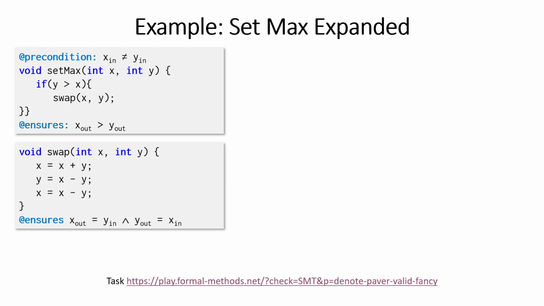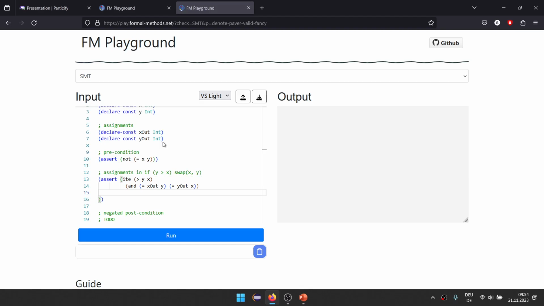So if they're equal, or if x is greater than y, what does this code do in this case? Nothing, right? Because there's no else block. I'm not sure how to write nothing in the SMT solver, something like a constant true or something. I'm not sure if that exists. Probably not, right?